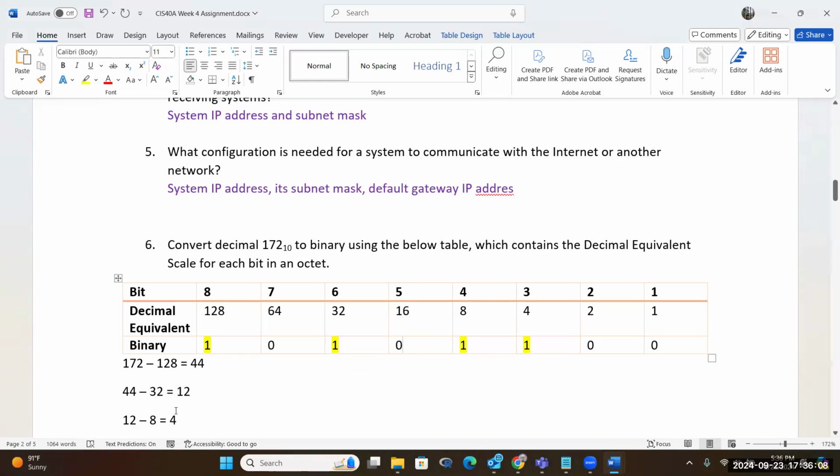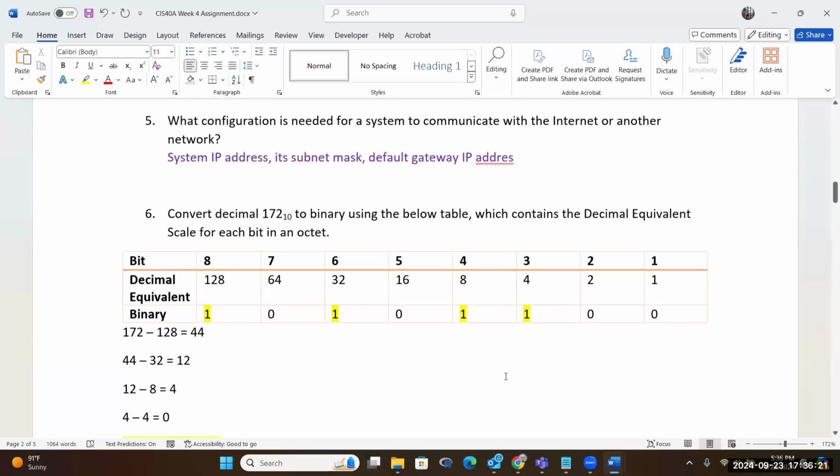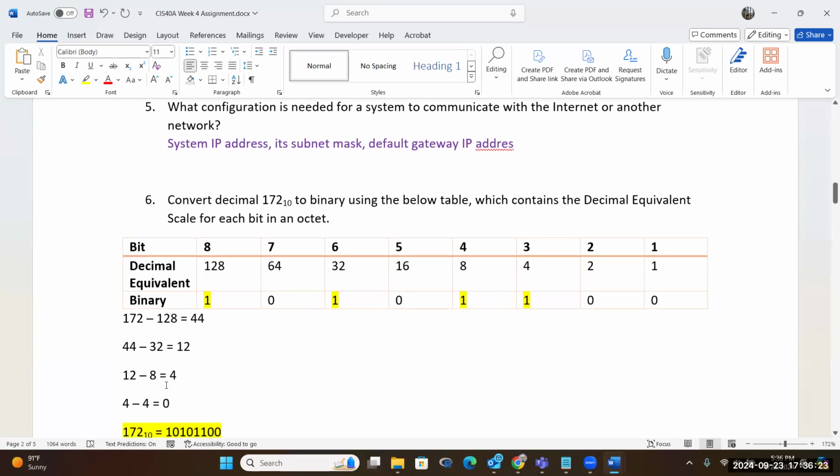Then I take 12 and look at the next value, that's 8. So 12 minus 8, I have 4 left. When I subtract it, I put a 1. That bit is on. So I have 4 remaining after the third step. I look at what's left: 4, 2, and 1. So 4 minus 4, perfect. When I subtract it, I put a 1 and I'm left with 0.